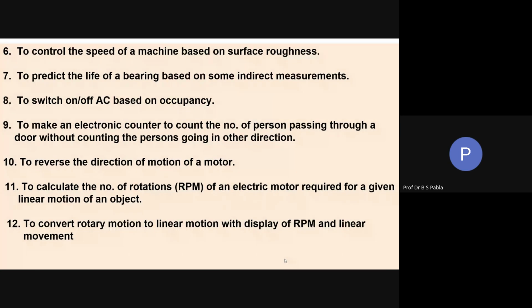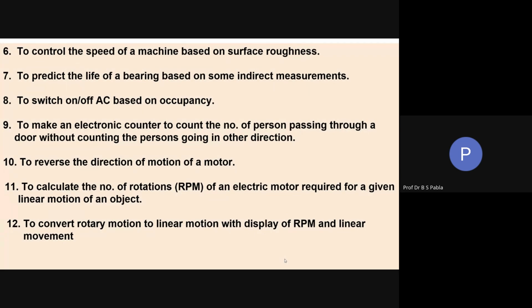So can you do something, seeing that when the bearing fails, the machine will start vibrating, or the temperature of the bearing will increase, or the noise level will increase? Can I pick up these signals and make some system for measurement or for judging the life of the defect in the bearing?